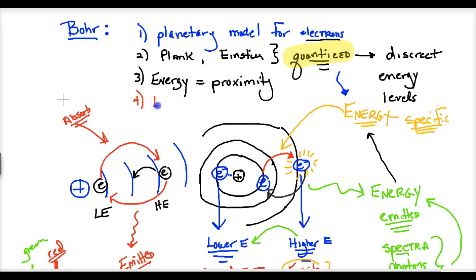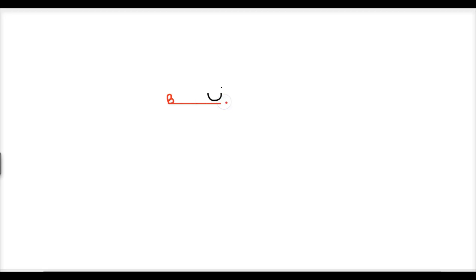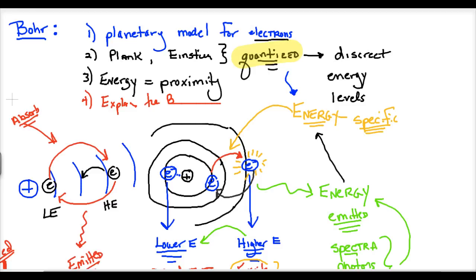So he explained perfectly the bright line spectrum of hydrogen. He was the first to explain the bright line spectrum of hydrogen as what? As transitions, perfectly.